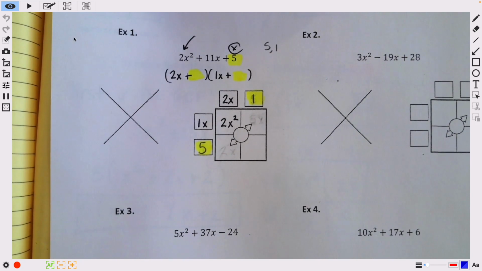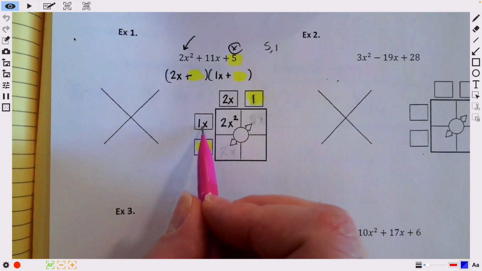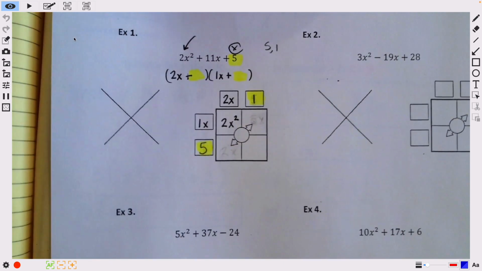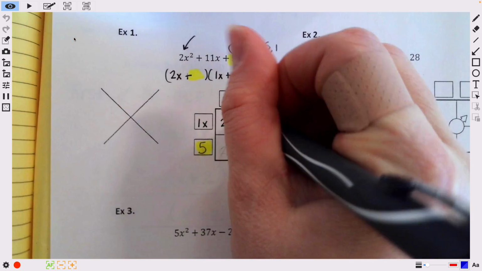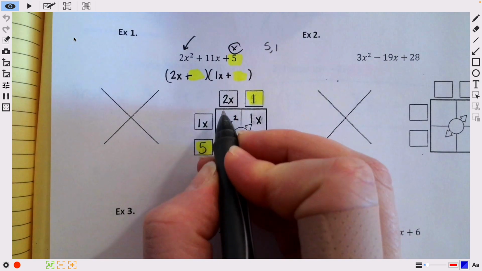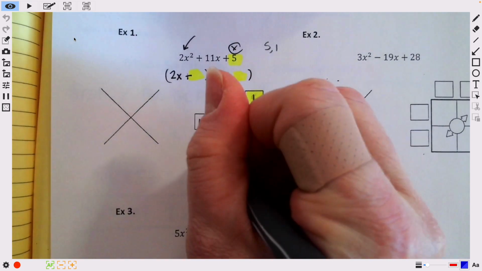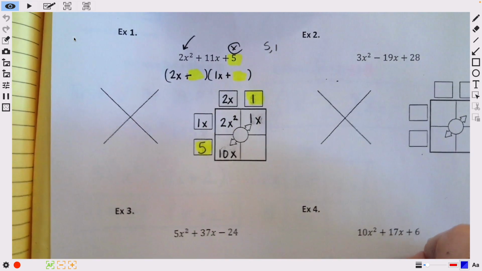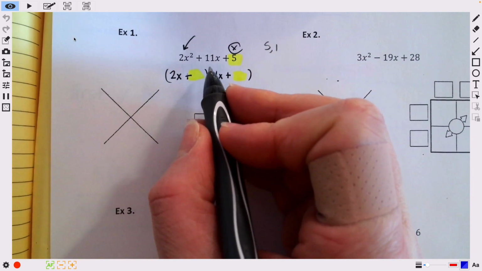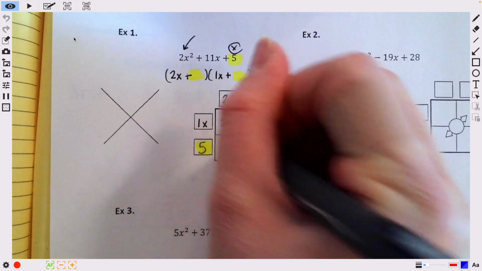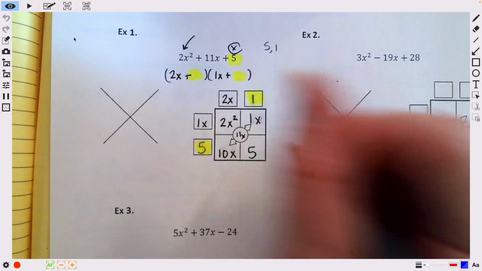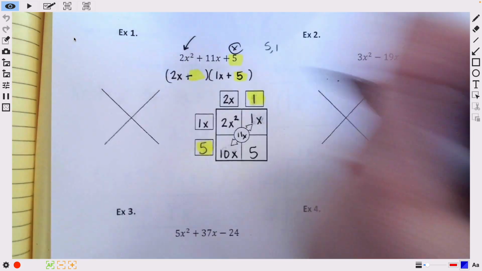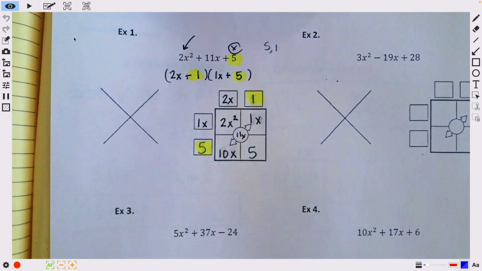Trial and error. 1x times 1 is 1x. 5 times 2x is 10x. Does that make 11x? Yep. I think we found it. And 5 times 1 makes 5. So the 5 goes with the 1x and the 1 goes with the 2x. And boom, there's our answer.